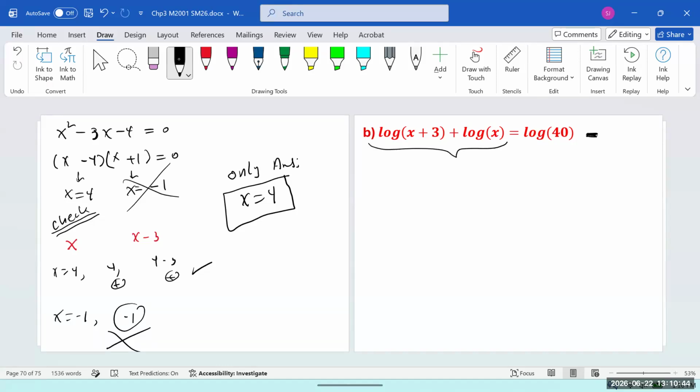So first you combine them and then you can cancel. So x times x plus 3 with the log equals log 40. x squared plus 3x equals 40.